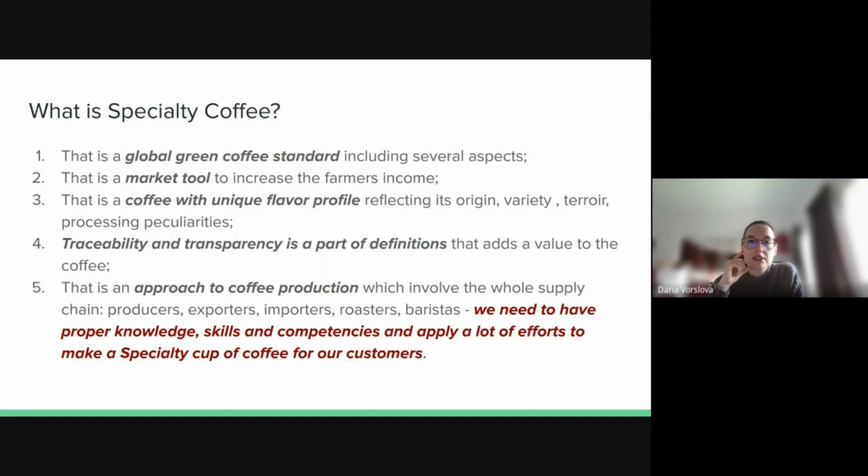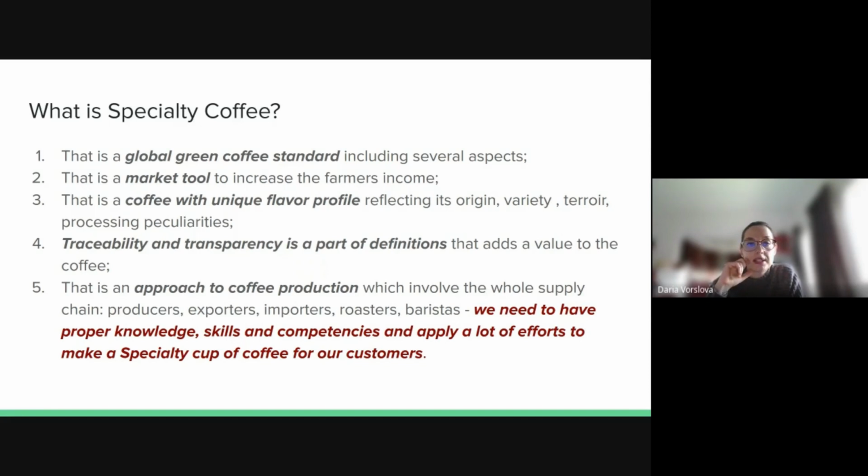Specialty coffee is, first of all, a global green coffee standard, which includes several aspects, like, of course, the tasting profile, of course, the points, 80 and more points, but it's also about green bean defect count. It's also about roasted bean defect count, all that stuff should be mentioned.